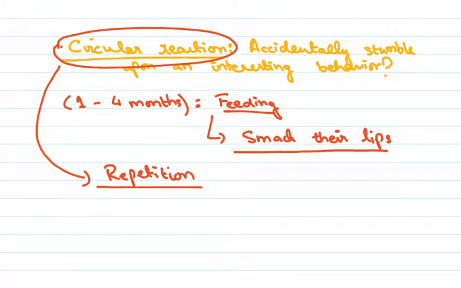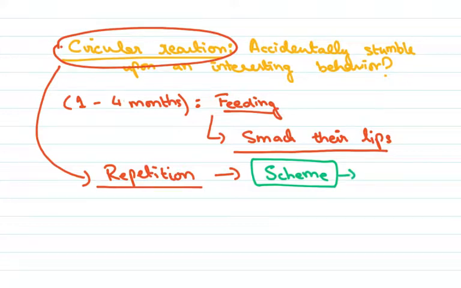And that is why it's called a circular reaction. According to Piaget, this repetition causes a new kind of scheme to come up: a scheme that once you smack your lips, this is the sort of sound that comes, right?